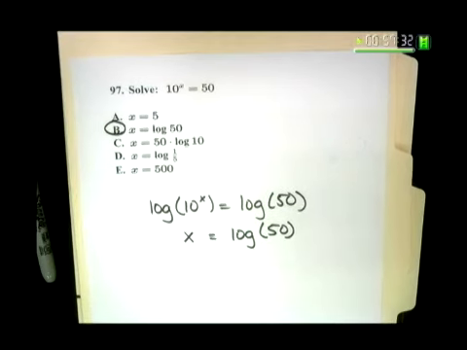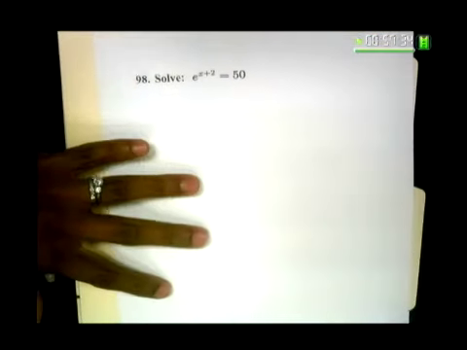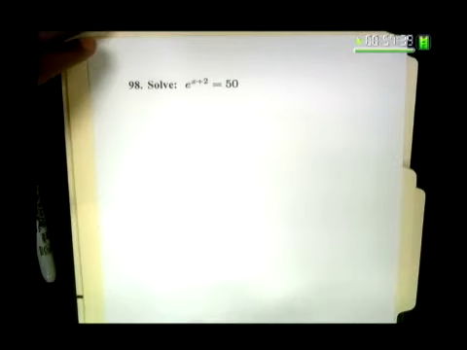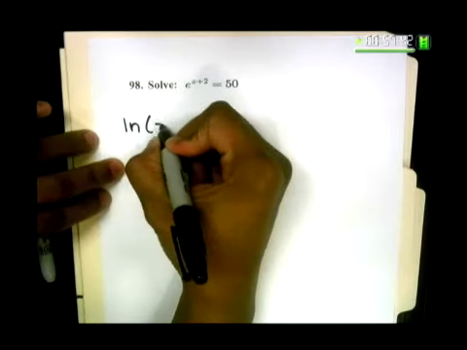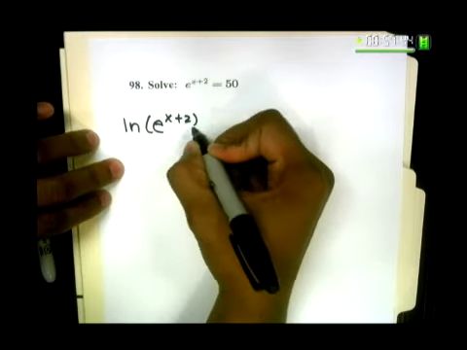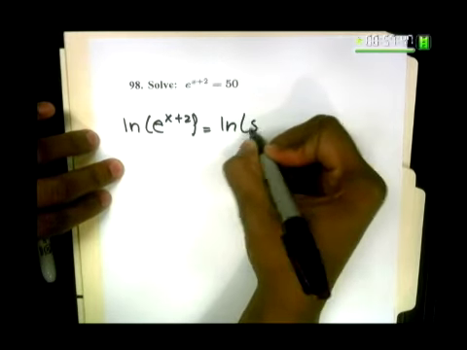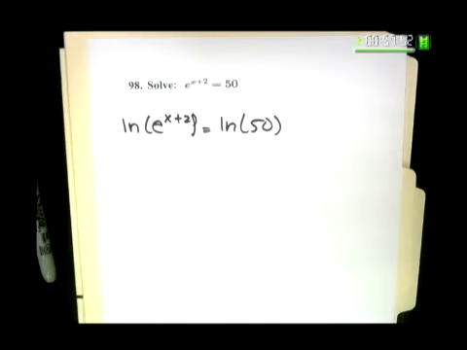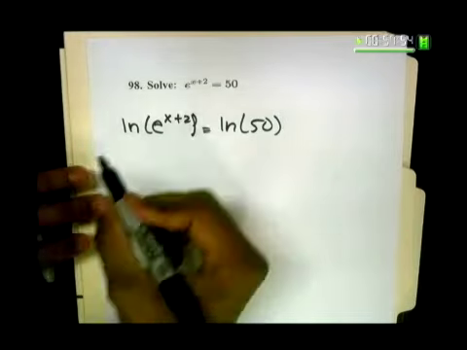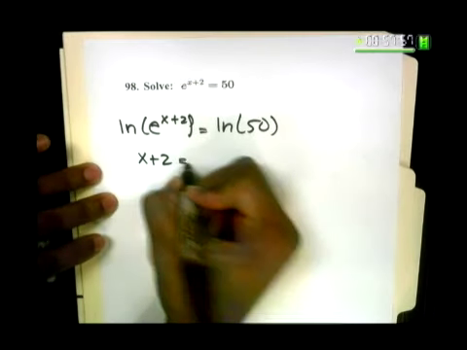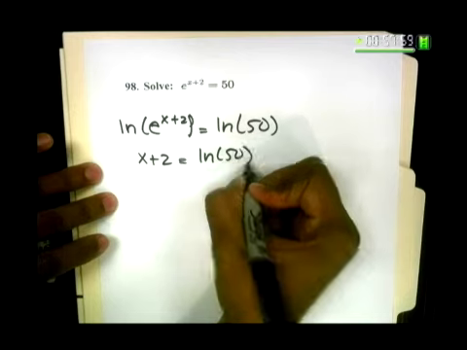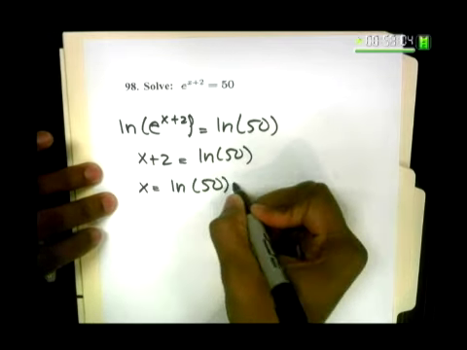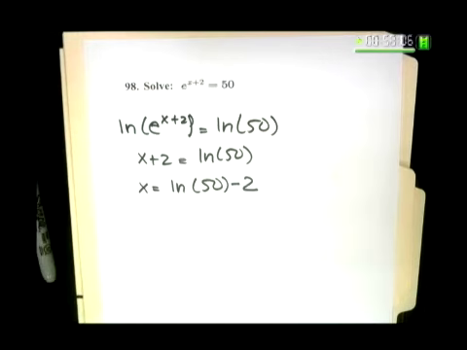Similarly with 98, we know the inverse of that function is natural log. So I can take the natural log of both sides. Taking the natural log of e to the x plus 2 acts as identity. And so I get x plus 2 on this side, natural log of 50 on this side. And so x is equal to natural log of 50 minus 2.